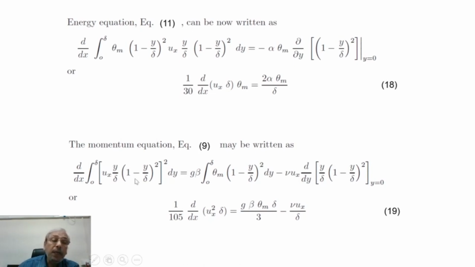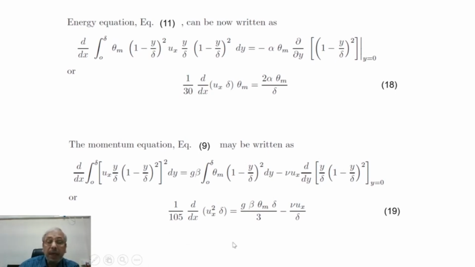Then again we perform these integrals, substitute the upper and lower limits, and we get this equation: 1 by 105 d/dx of (Ux squared delta) equal to g beta theta m delta by 3 minus nu Ux by delta. So this is a summary of the momentum integral equation.